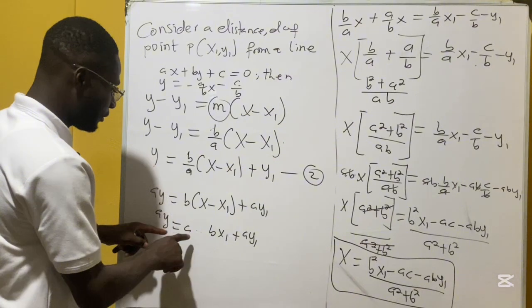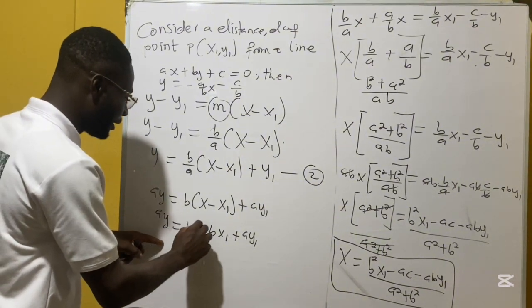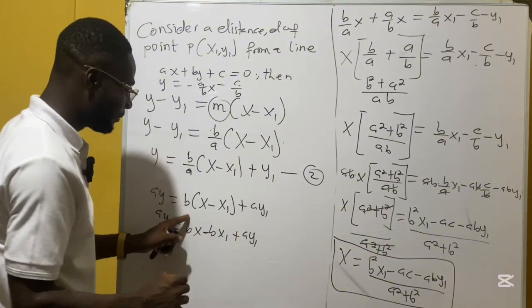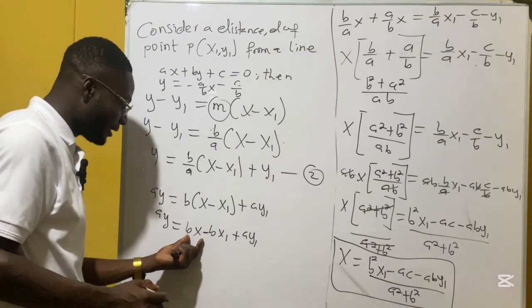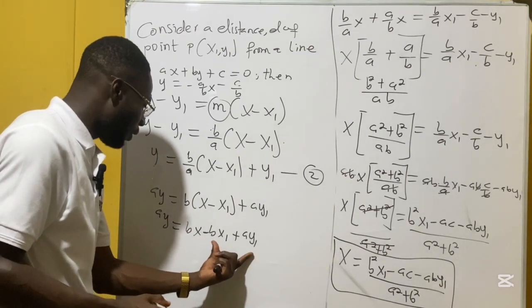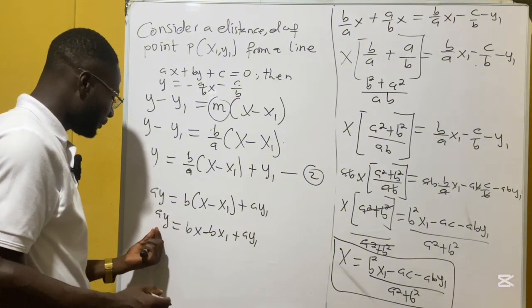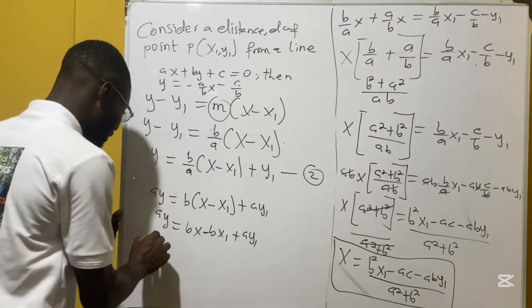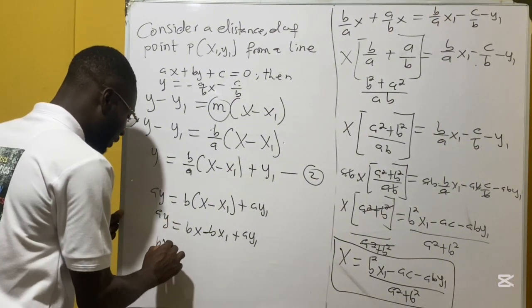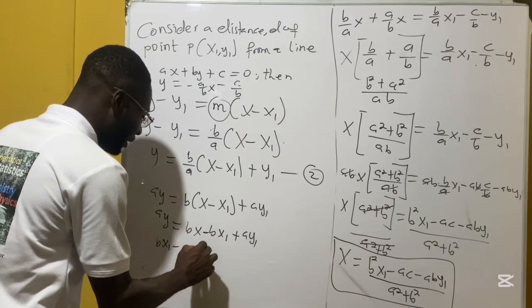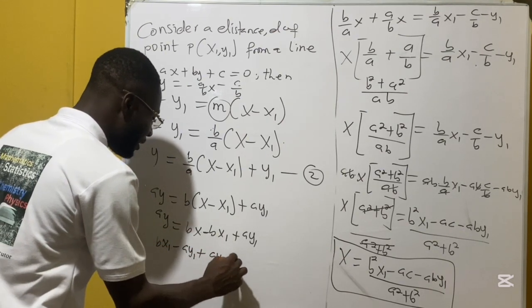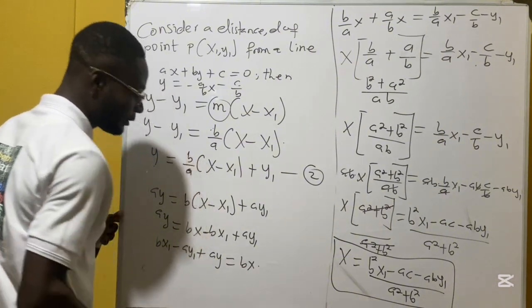Trying to find x, this is basically bx, right? Minus bx1, right? So trying to find x, then it means that we are going to send all this information here. So we're going to have bx1 minus ay1 plus ay, and that should be equal to bx, right?